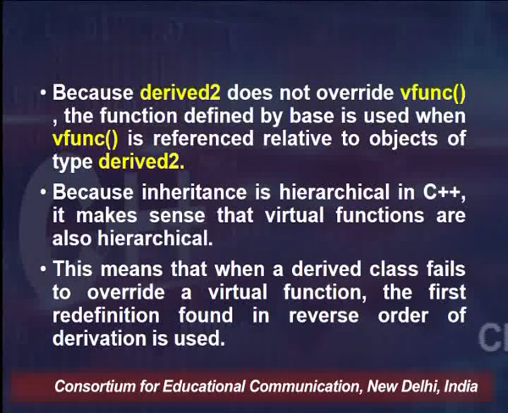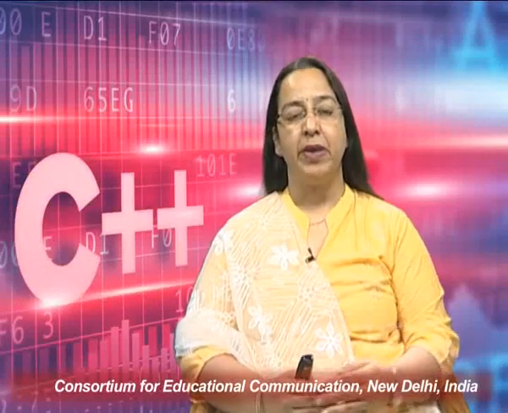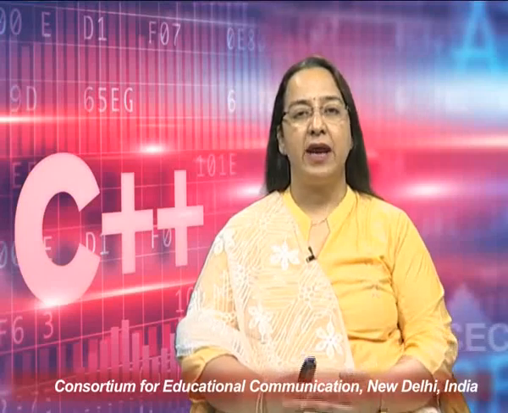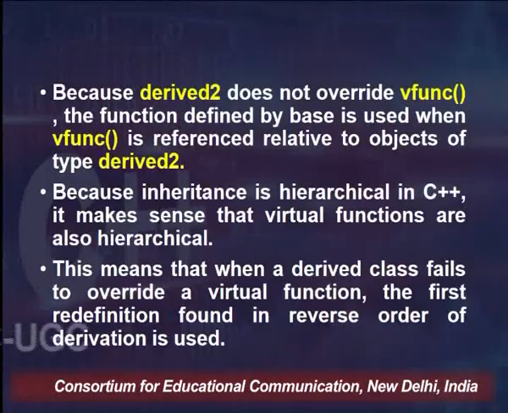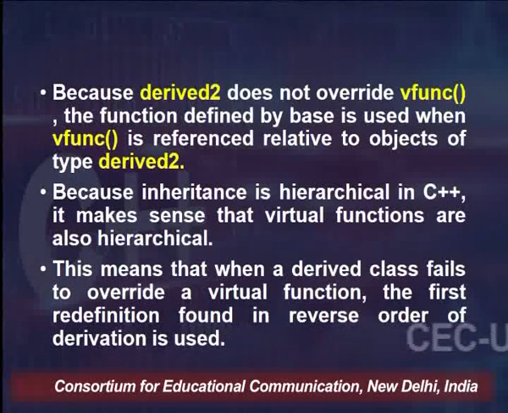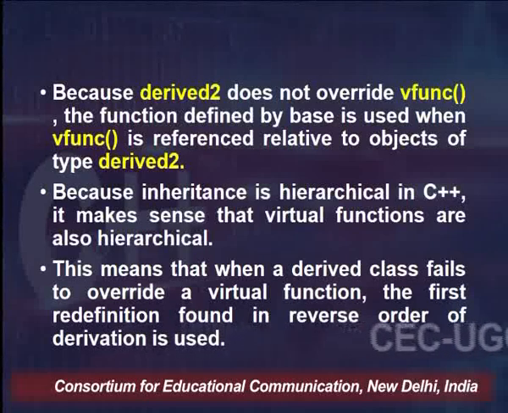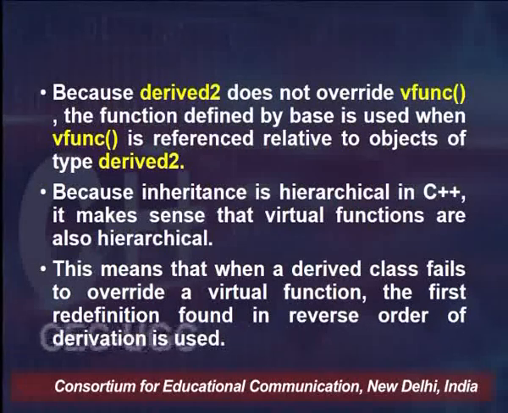Now, please try to understand why we are studying the virtual function hierarchy: because inheritance is hierarchical in C++, it makes sense that virtual functions are also hierarchical. This means that when a derived class fails to override a virtual function, as we have seen in the case of derived 2, the first redefinition found in reverse order of the derivation is used.